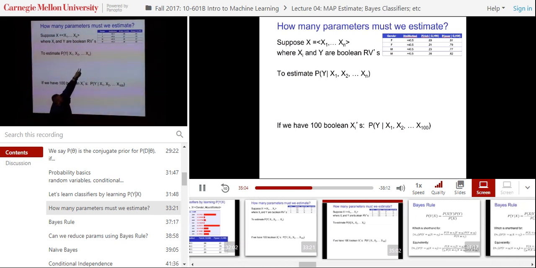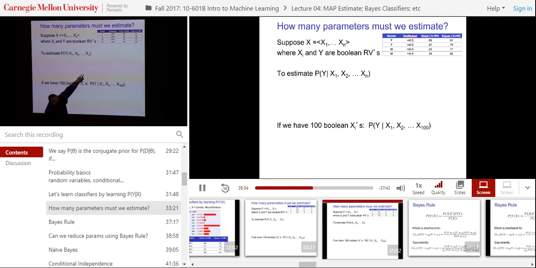So I could build a table like the one up here that said, well, I'll condition on gender and hours worked, and I'll predict the other variable, which is wealth. It looks over here like I have 8 numbers, right? That's because n equals 2.